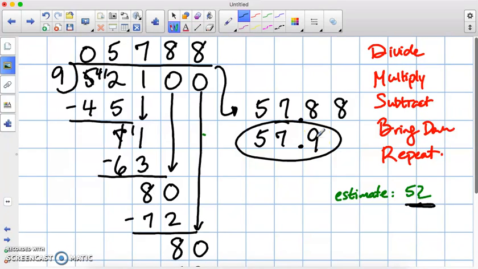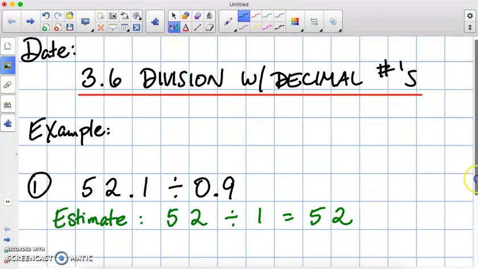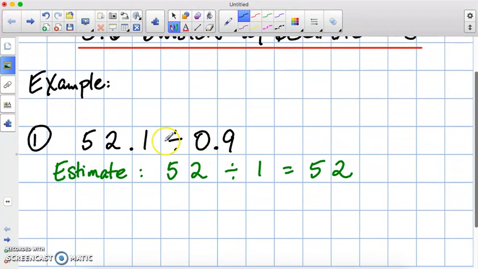Okay, I'm going to repeat the process once again. So what we did first is we looked at our original question, 52 and 1/10 divided by 9 tenths. So we looked at that and we estimated what we thought our quotient was going to be by taking each of the numbers, the dividend and the divisor, and rounding it to the nearest whole number.